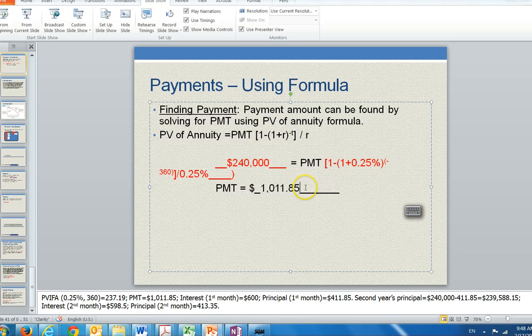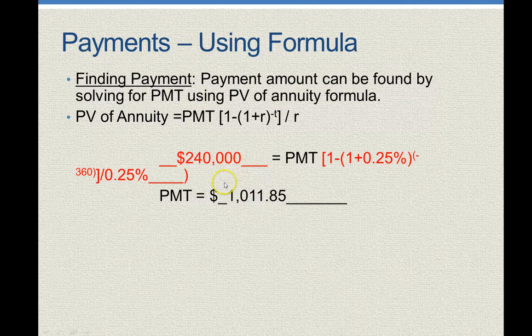The next question I want you to figure out is this. Since the mortgage loan means that every month, every period, the payment is fixed, this $1,011.85 is fixed for every month until the loan is paid off. But if you borrow, you have to pay back interest plus principal, right?